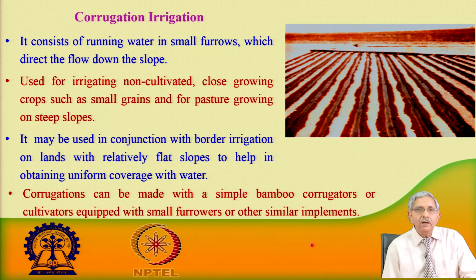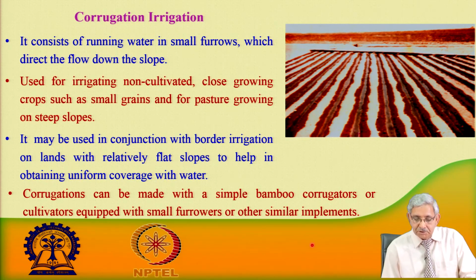Corrugations are small furrows, and here a smaller depth of water is applied. These corrugated furrows are constructed to direct water flow down the slope, and are used for irrigating non-cultivated, close growing crops such as small grains or pasture growing on steep slopes.